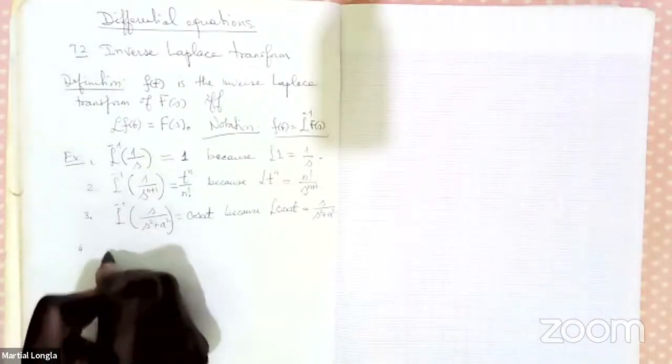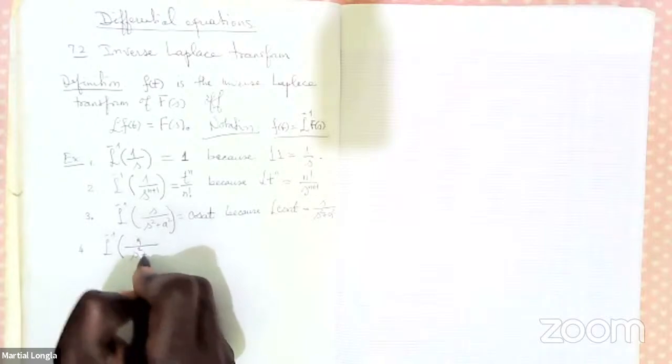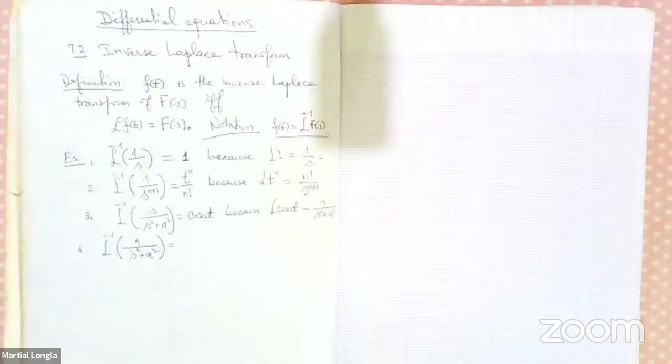And then you got the inverse Laplace transform of 1 over s squared plus a squared. What is this one equal to? Ethan? Can everybody see clearly on the board? I can see it, yes.